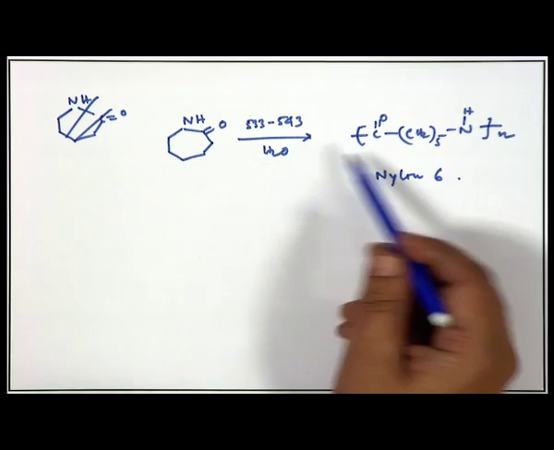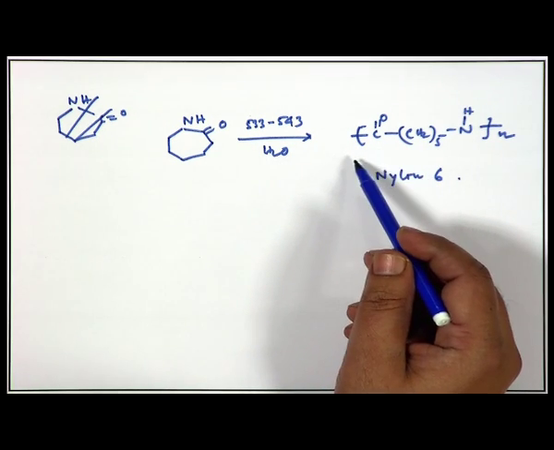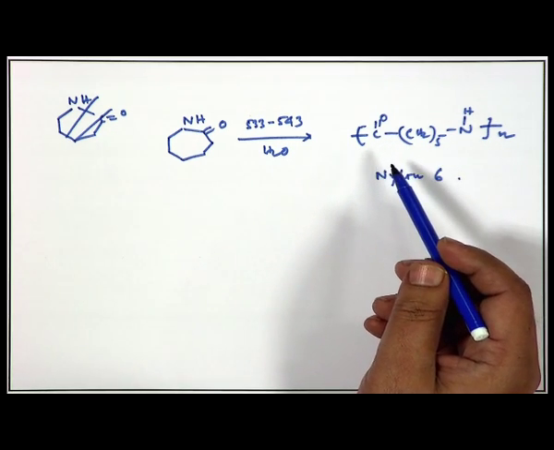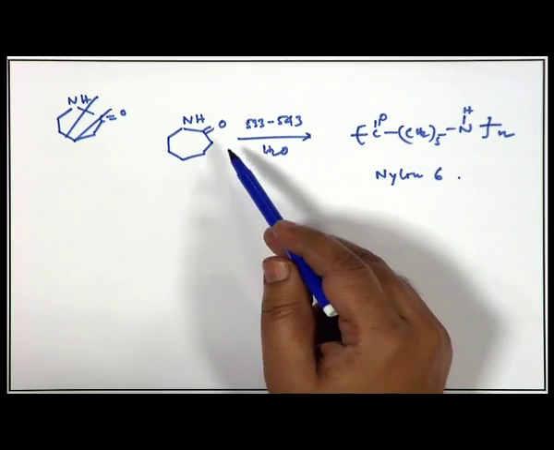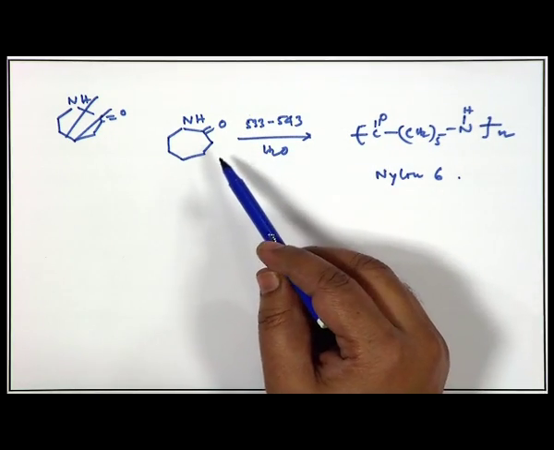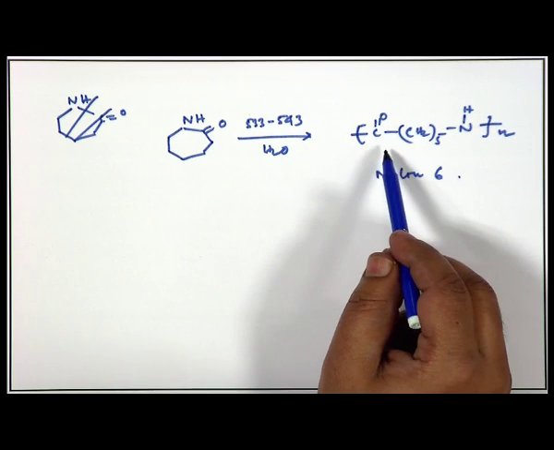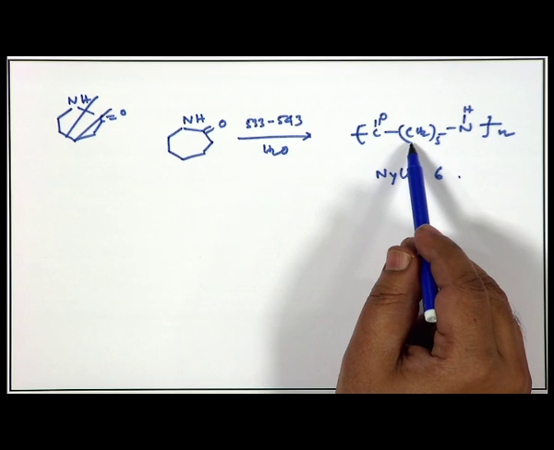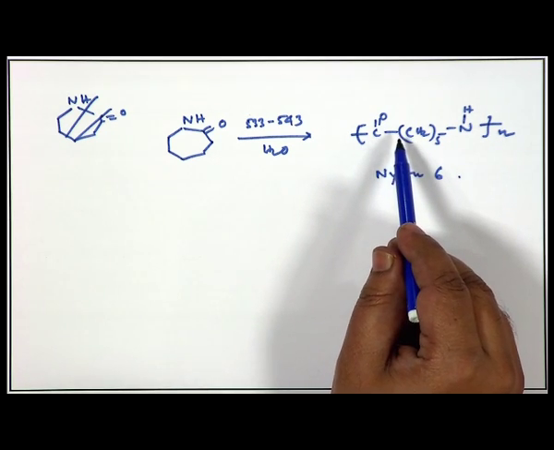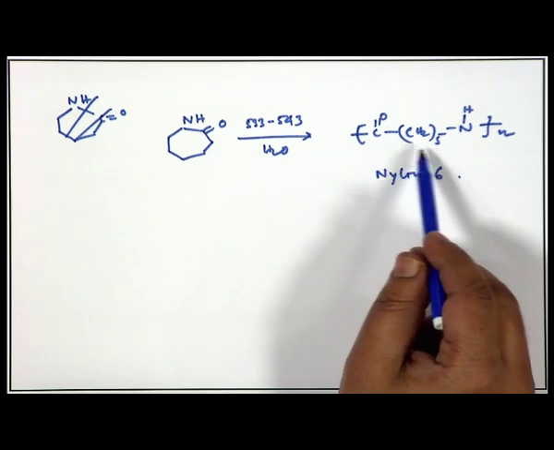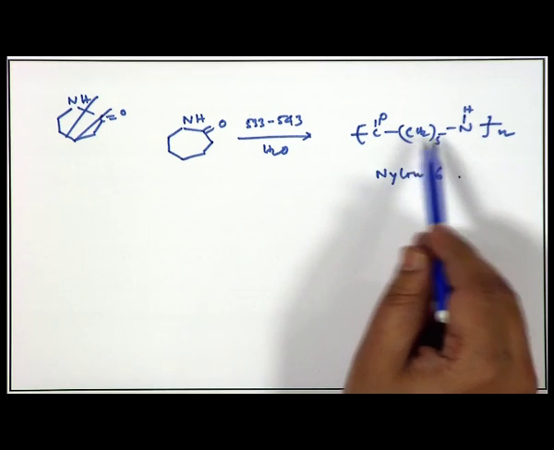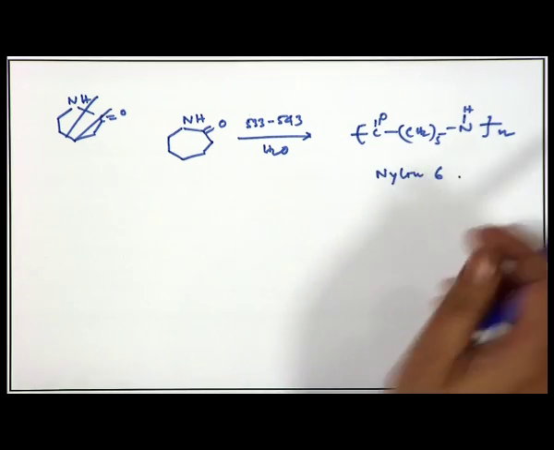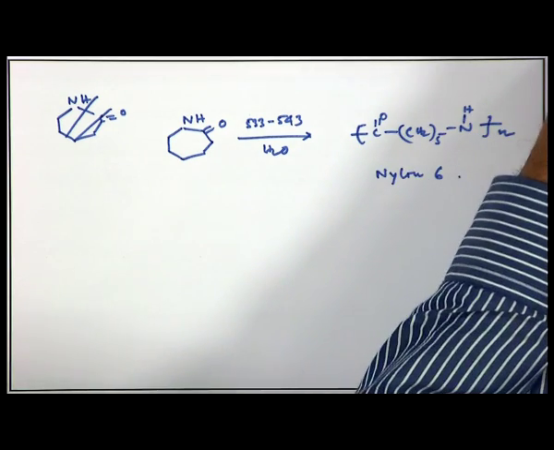So this is another example of a polymer that is not a condensation reaction product, but looking at the polymer you would think it is a condensation polymer. So you cannot say whether it is step growth or chain growth just by looking at the polymer.